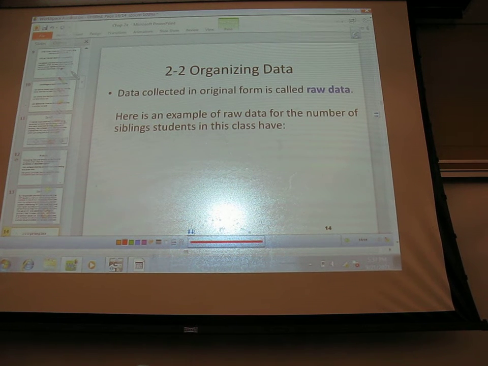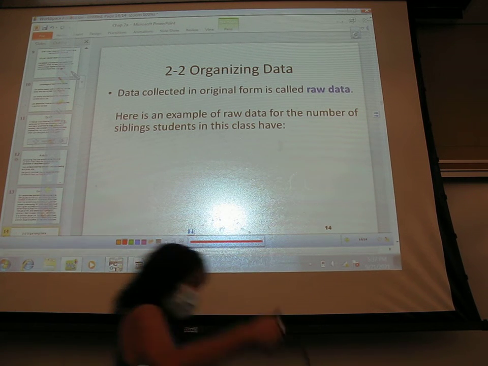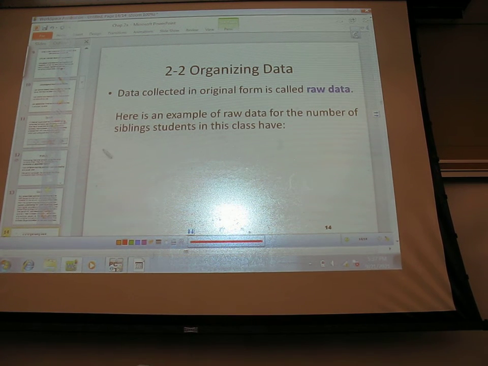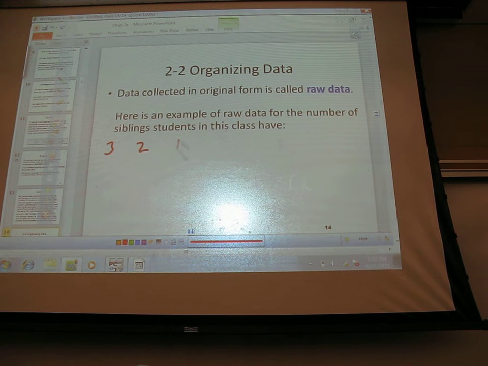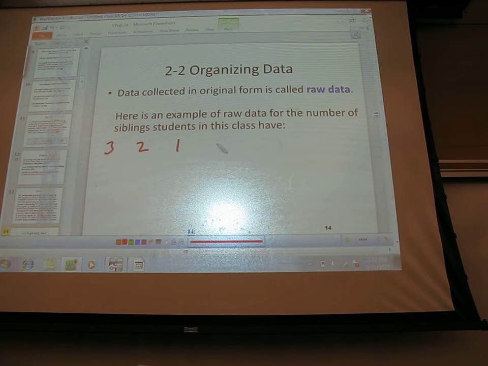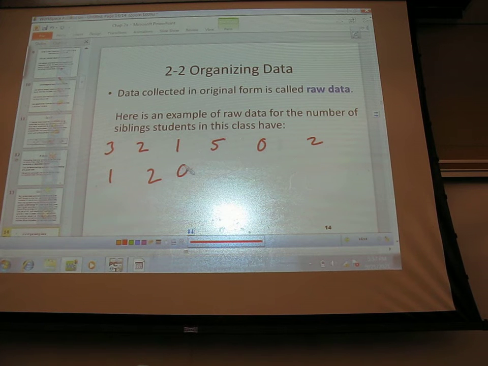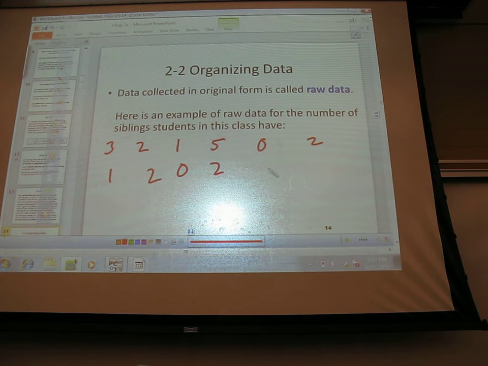Starting with the far end over there. How many siblings do you have? 3. Next. 2. Next. 1. Next. 2. Next. 1. Next. 2. Next. 0. Next. 2. Next. 3. Next. 3. Next. 7.